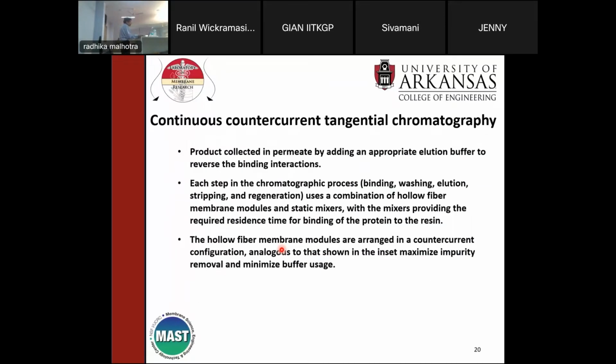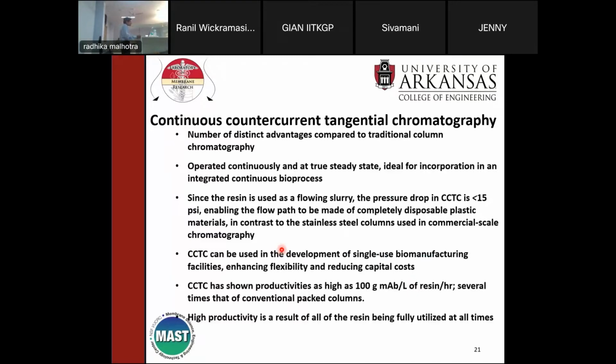Okay, there are a number of distinct advantages compared to traditional column chromatography. It is operated continuously in a truly steady state, ideal for incorporation in an integrated continuous bioprocess. Since the resin is used as a flowing slurry, the pressure drop for continuous countercurrent tangential chromatography is less than 15 psi, enabling the flow path to be made completely of disposable plastic materials, in contrast to the stainless steel columns used in commercial chromatography.